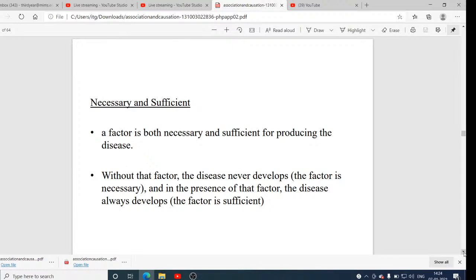Coming to necessary and sufficient, it means a factor is both necessary and sufficient for producing a disease. Without the factor, the disease never develops, and in the presence of the factor, the disease always develops.